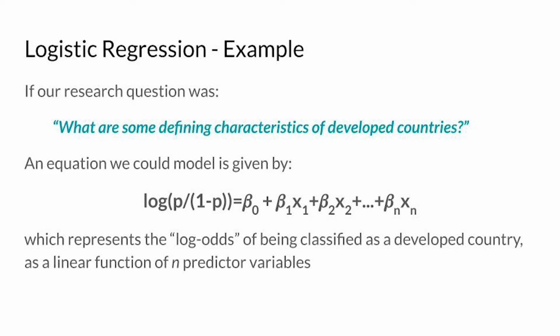The equation we would model looks like this. The right side is very similar to what we observed in linear regression. We have an intercept coefficient given by beta 0, and then each variable, x1 to xn, has its own coefficient. On the left, we are modeling the log odds of the probability of a country being classified as developed.